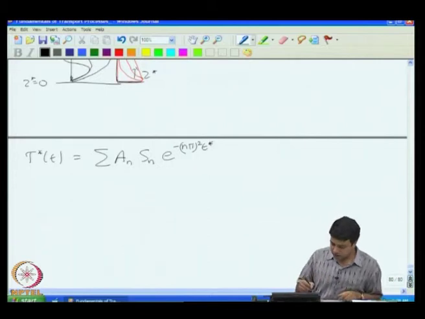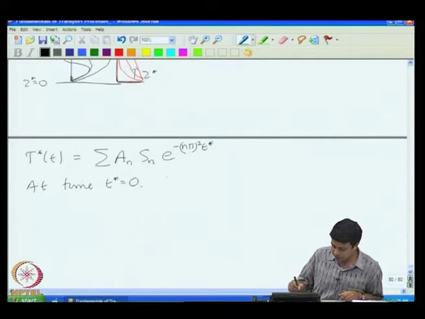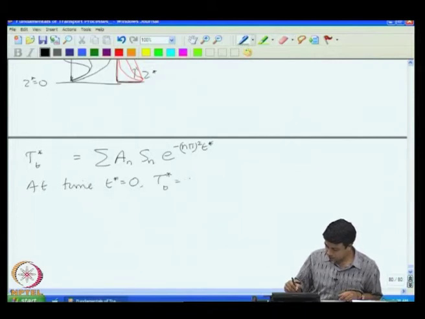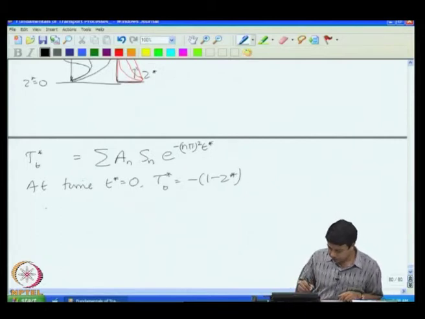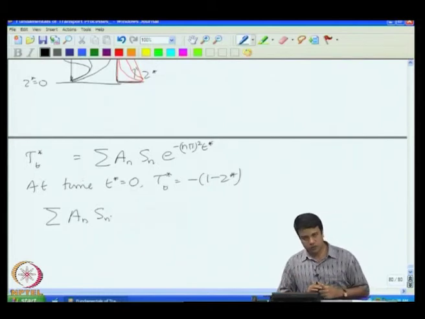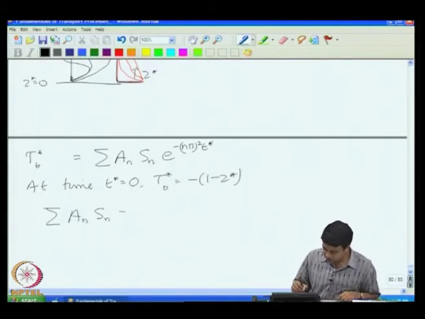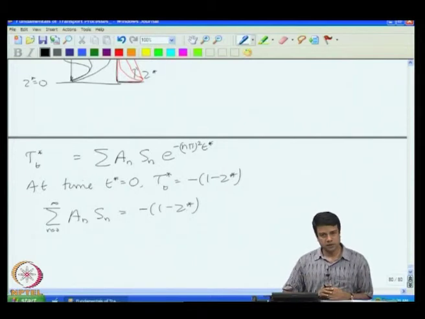I know that at time t star equal to 0, this capital T transient is equal to minus of (1 minus z star). Therefore, in the summation a_n S_n, the exponential becomes 1 at t equal to 0. This has to be equal to minus of (1 minus z). The summation has to be equal to minus (1 minus z).